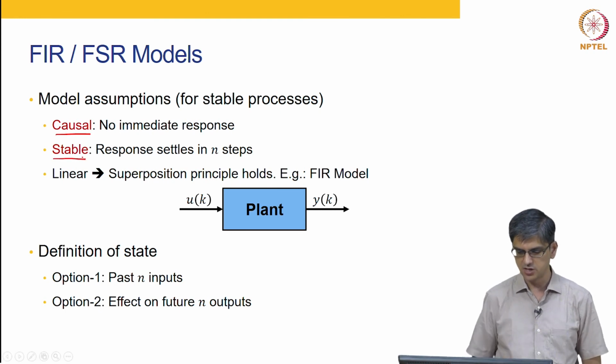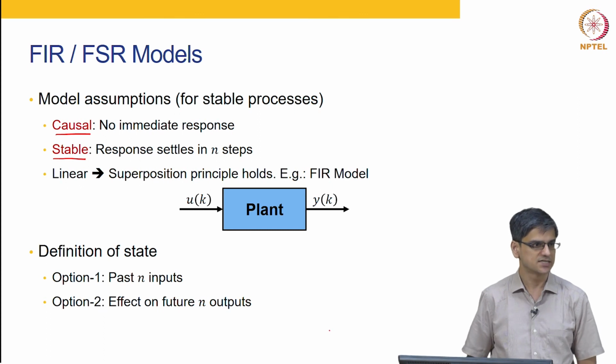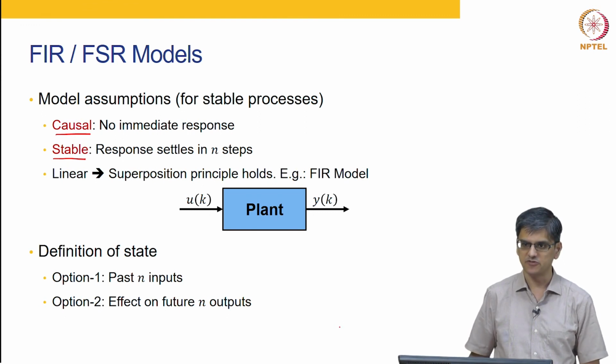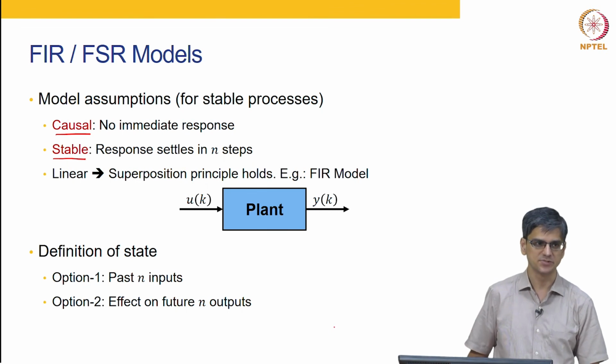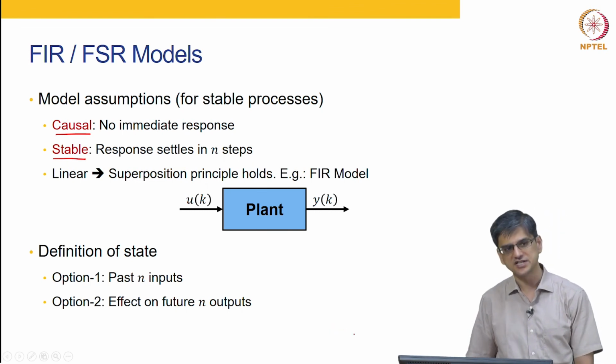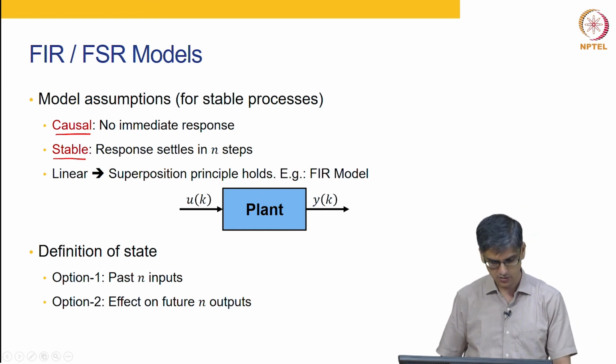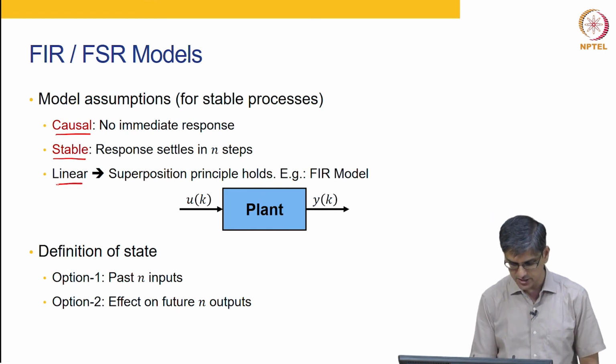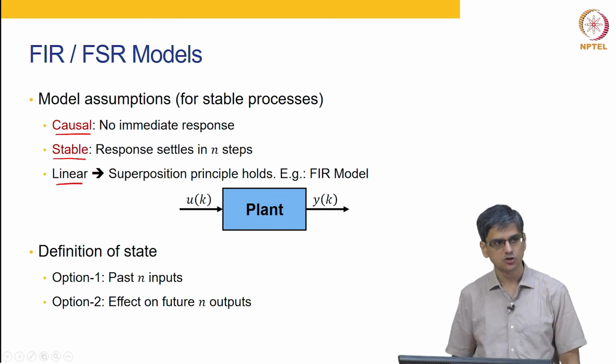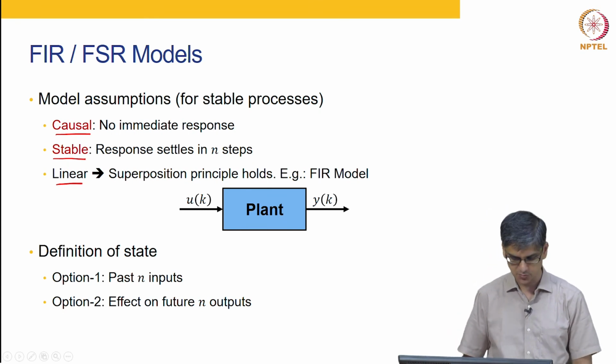We assume stable, that the response settles in exactly n steps. So, if you want to control let us say an inverted pendulum type of a system, you would not be able to do it using a step response MPC. We will have to use a state space MPC, something that we are going to come to much later in this course. Finally, linear, we will assume the system to be linear, which means superposition works.